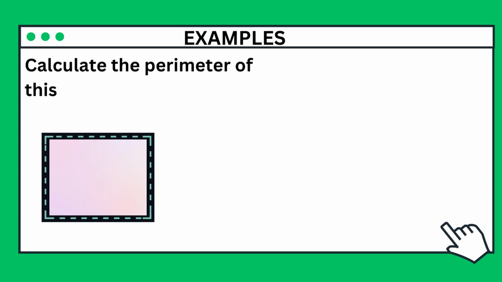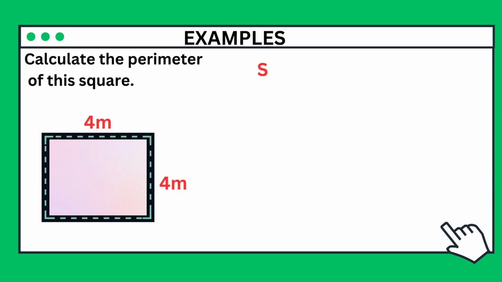Our next example, calculate the perimeter of this square. So, our given is 4 meters. Ang side, 4 meters ang measurement ng each side. So, our solution, the formula, P is equal to 4a. Our given, a is equal to 4.